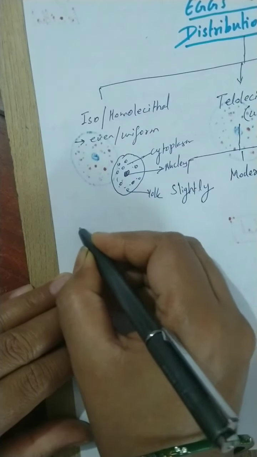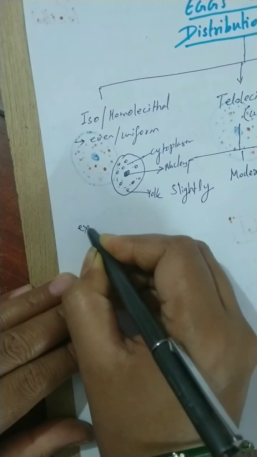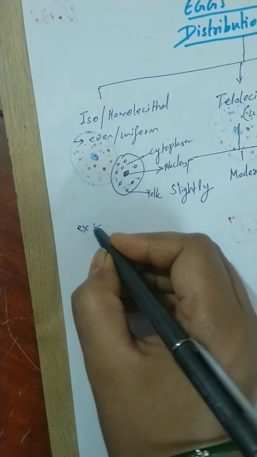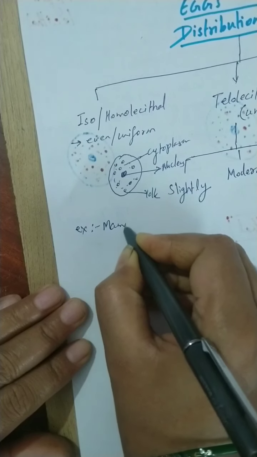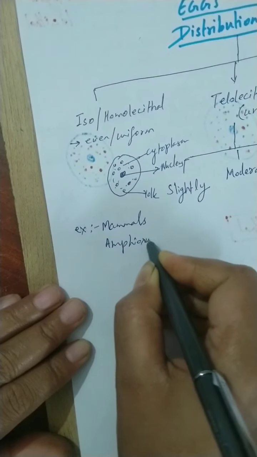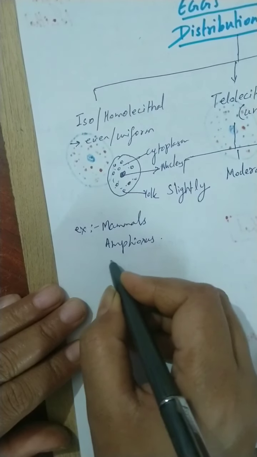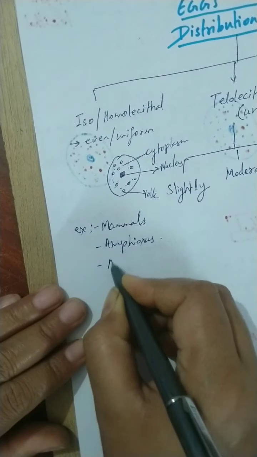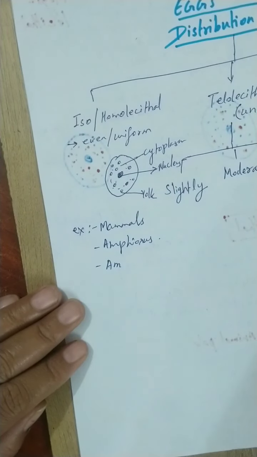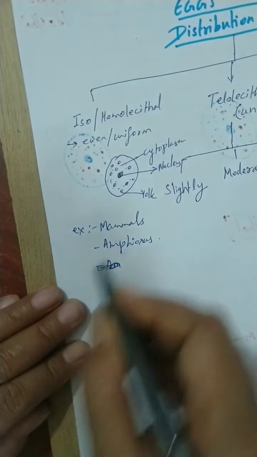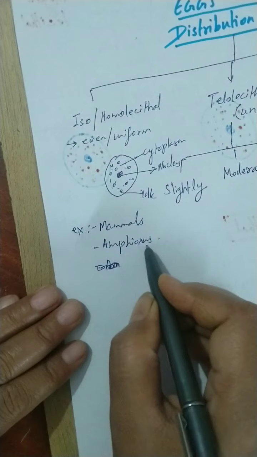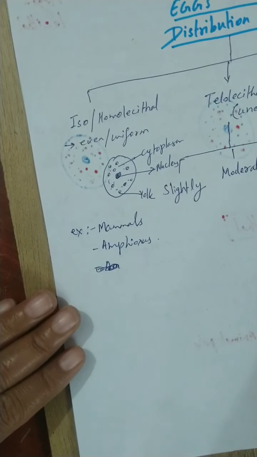This type of egg is found in mammals, Amphioxus, and amphibians. These types of egg are found in mammals and Amphioxus, where a small amount of yolk is present.